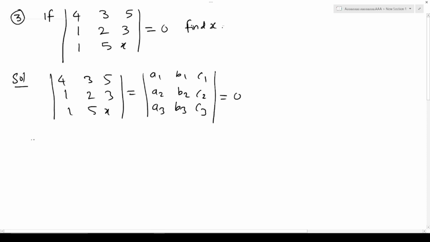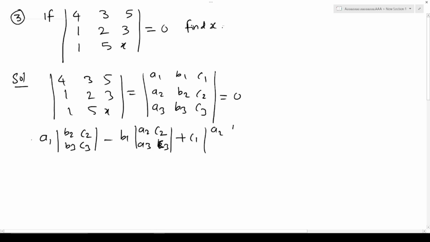Now expanding it using the formula a1 times minor b2, c2, b3, c3, minus b1 times minor a2, c2, a3, c3, plus c1 times minor a2, b2, a3, b3, equals 0.